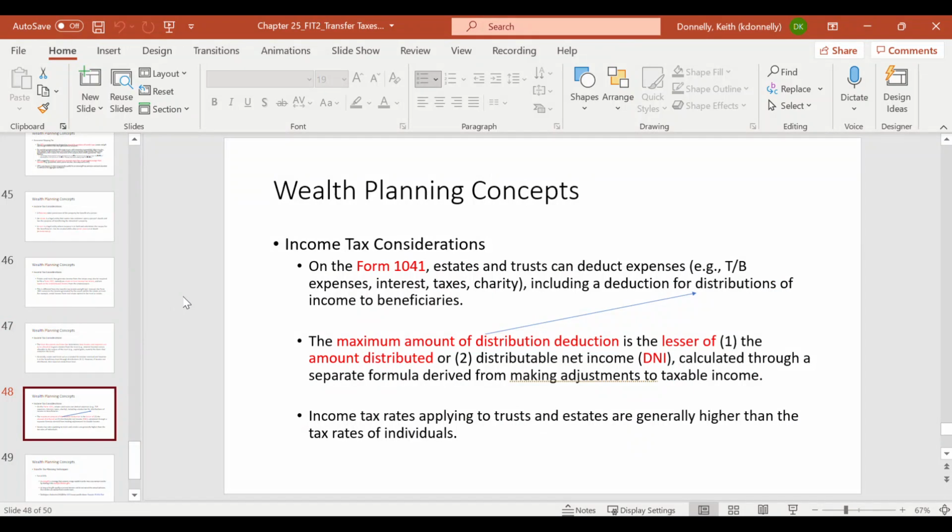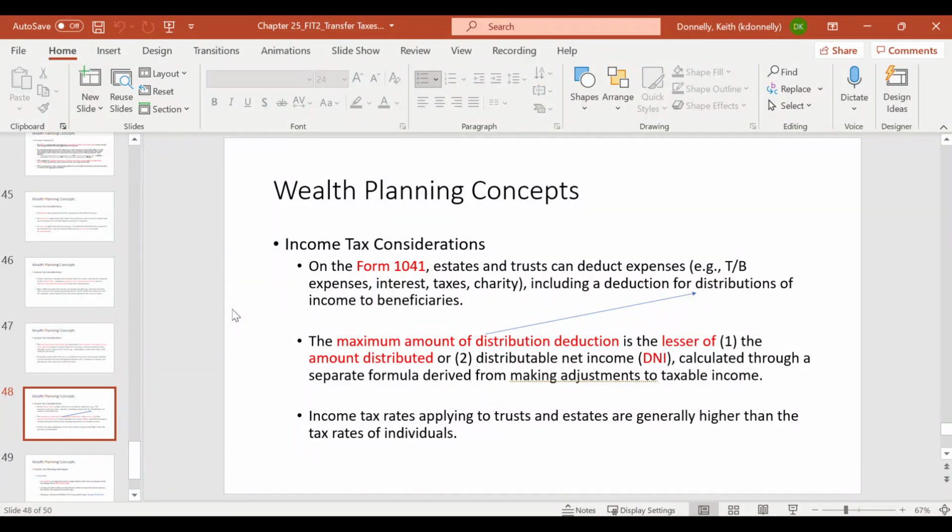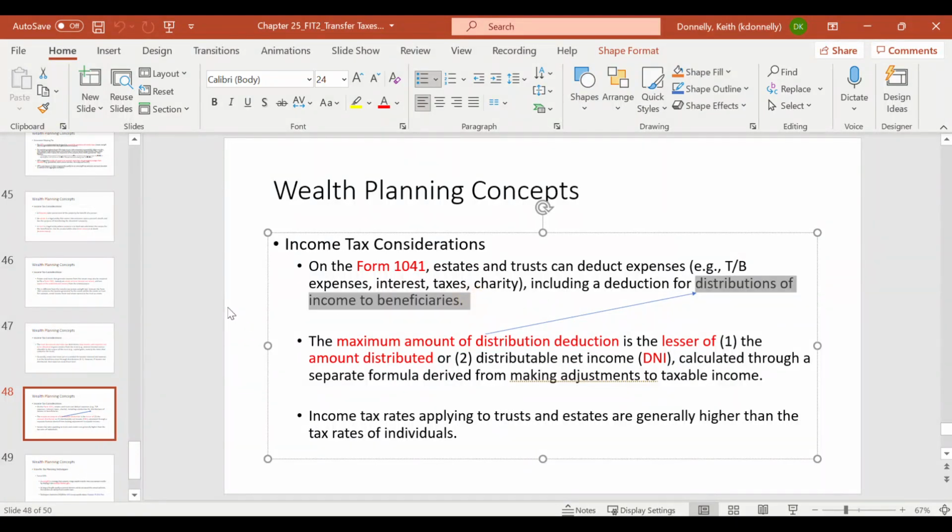And if it sits in the trust and it produces income, like I said, there's going to be a Form 1041. There are deductions on this. So, if the rental property had expenses, they paid interest, they gave it to taxes or charity. The big one here that you get is for distribution of income to beneficiaries. You get to basically wipe it off the books if you distribute it to the beneficiaries.